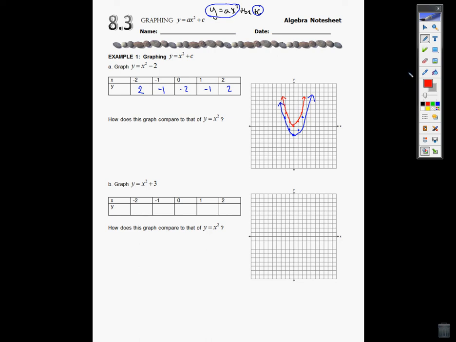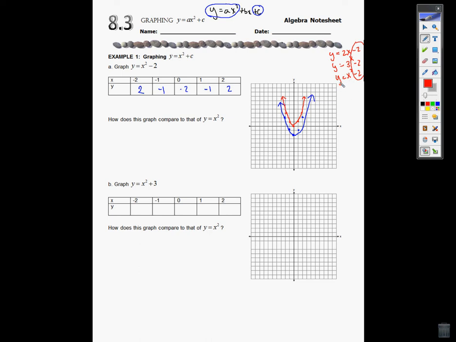We saw this when we were talking about linear functions: when it said something like 2x minus 2, that minus 2 meant the graph was shifting down. We also saw it with exponential functions, with something like 3 to the x minus 2. So y equals 2x minus 2, or y equals 3 raised to the x minus 2, or y equals x squared minus 2, these minus 2's are all doing the same thing.